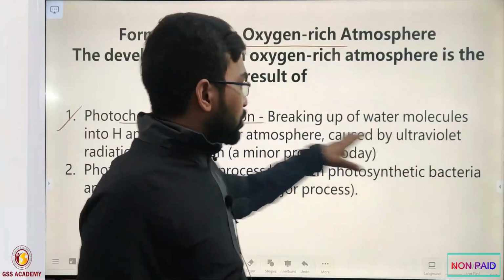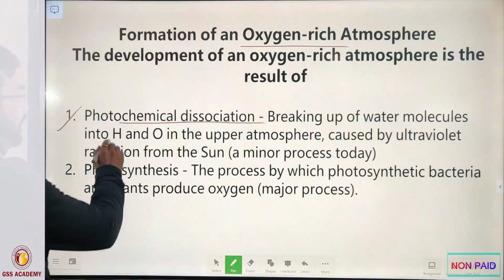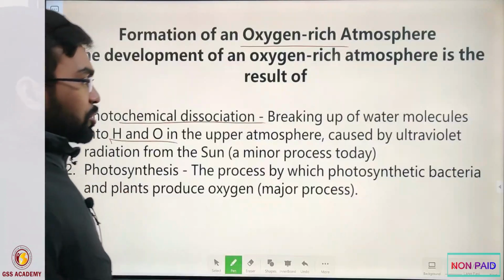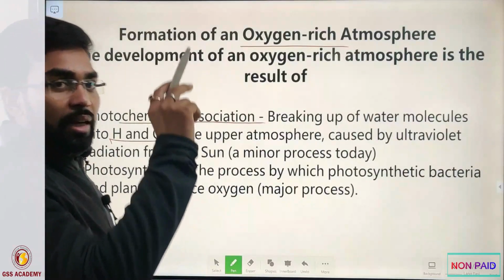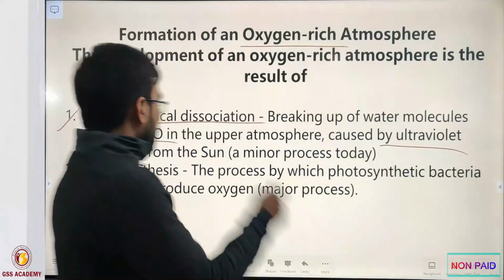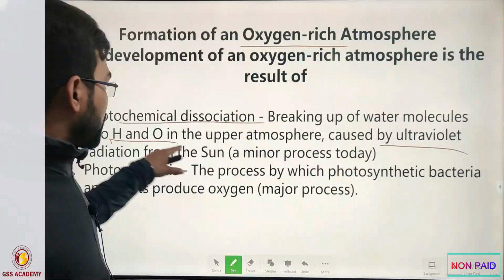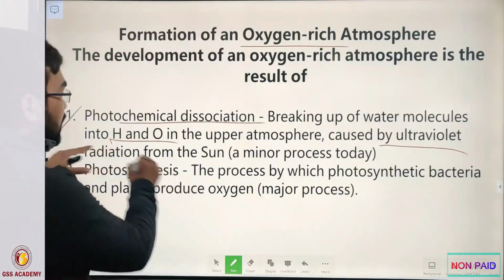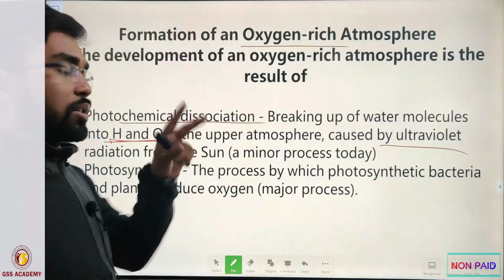What is photochemical dissociation? Breaking up of water molecules into hydrogen and oxygen in the upper atmosphere caused by ultraviolet radiation, because at that time there was no filter present in the atmosphere. So ultraviolet radiation from the sun is the photochemical process that breaks the molecules of water into hydrogen and free oxygen.